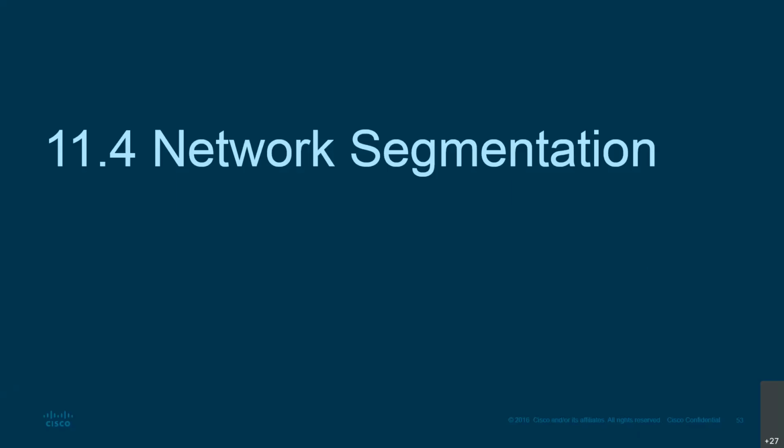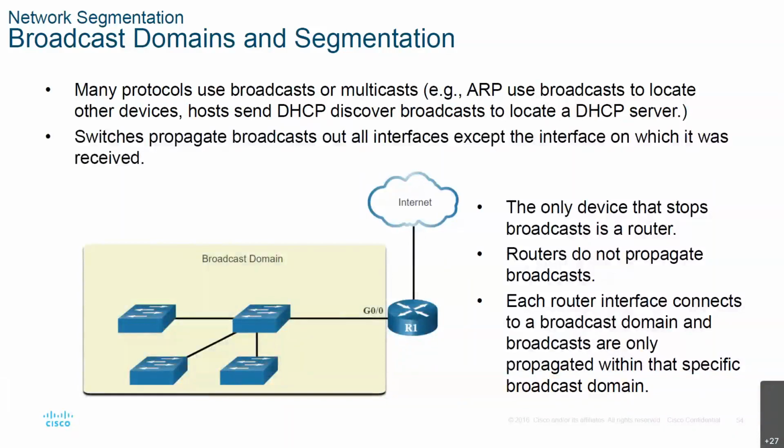Now, here is the challenging part, and I need your attention. Network segmentation. How do we take a network and divide it into segments? On the surface, everything looks good. You have the internet, which comes through a router and then goes through your network. You have 4 switches over here.